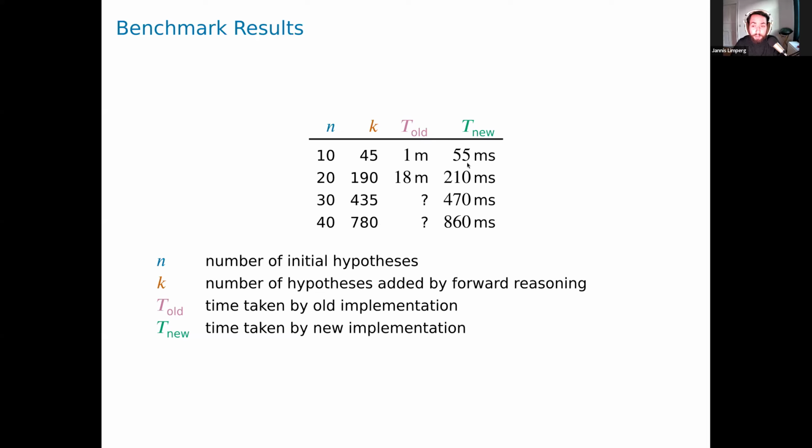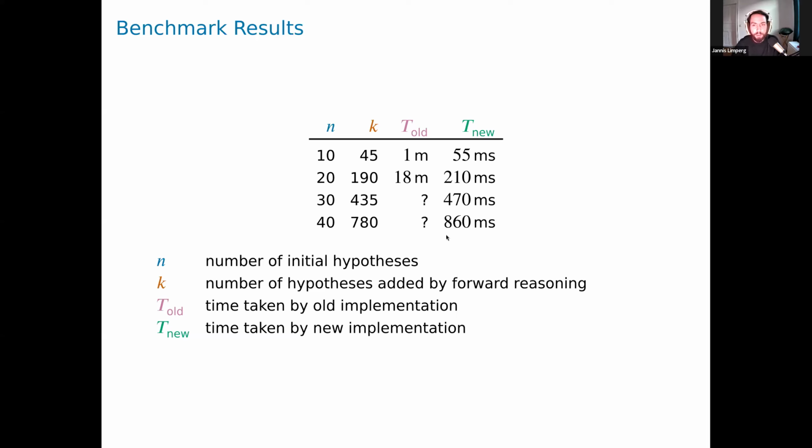The new implementation stays in the millisecond range, even if we go up to 40 hypotheses, where it adds 780 hypotheses to the local context, which is a point at which rendering the info view in VS Code and Emacs becomes a little bit slow already. But yeah, so it scales much better on this particular example, and also on probably most other examples.